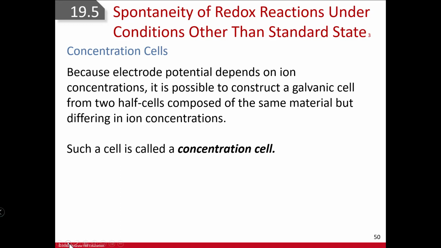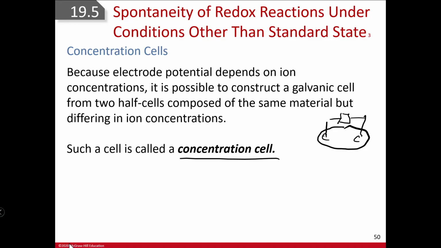You ever seen where they take a pickle or a potato, they plug in one electrode here and one electrode here, and it runs a clock here? And it could be that the concentrations are different here and here, and that can cause a potential energy difference, enough potential energy difference to actually run a little LED clock.